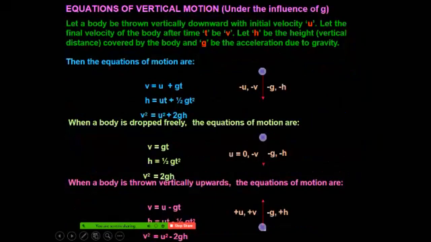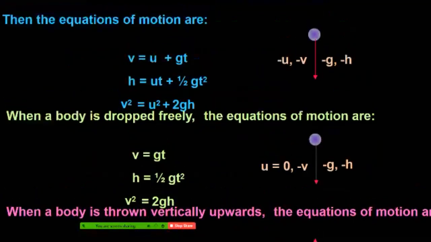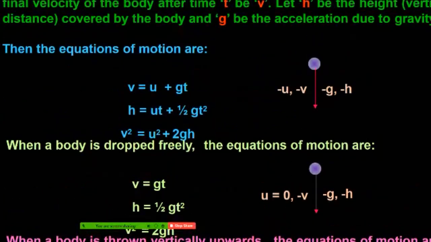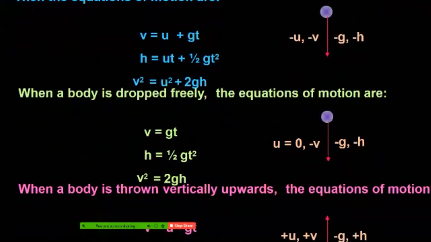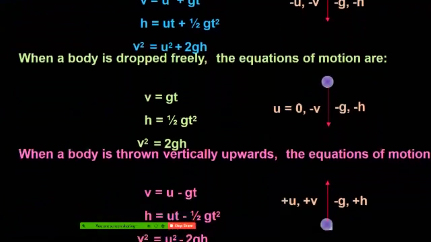Equations of vertical motion, students: whenever under the influence of gravity, the equations of motion are v is equal to u plus gt, h is equal to ut plus half gt square, and v square is equal to u square plus 2gh. When the bodies drop freely, the equations of motion are v is equal to gt, h is equal to half gt square, v square is equal to 2gh.